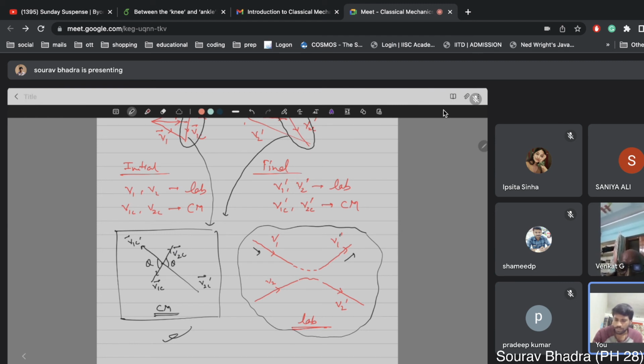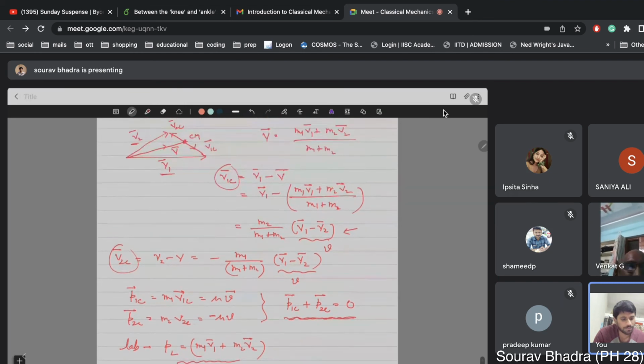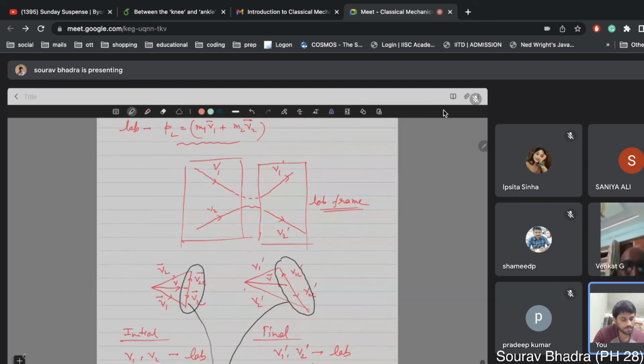I think you have understood why this particular problem is easy to deal with in the center of mass frame.